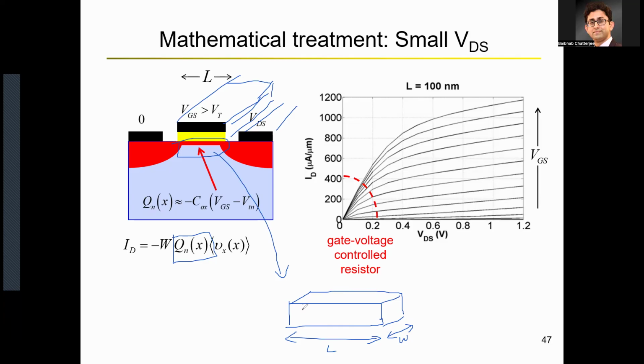So the charge is the charge that is present in a small section like this. If we take a cross section of this rectangular bar, the charge that is present in this cross section is Qn of X, right? Because charge per unit area is what?